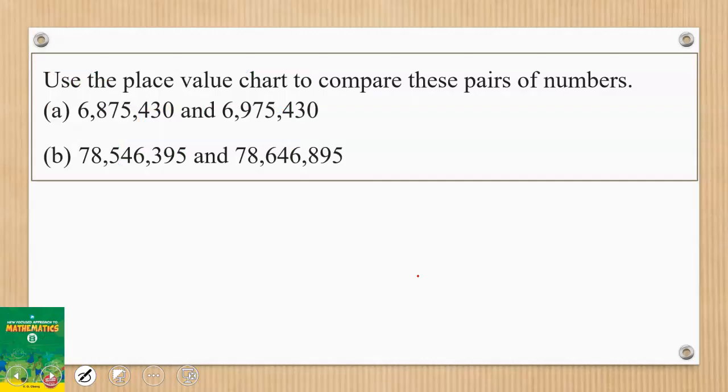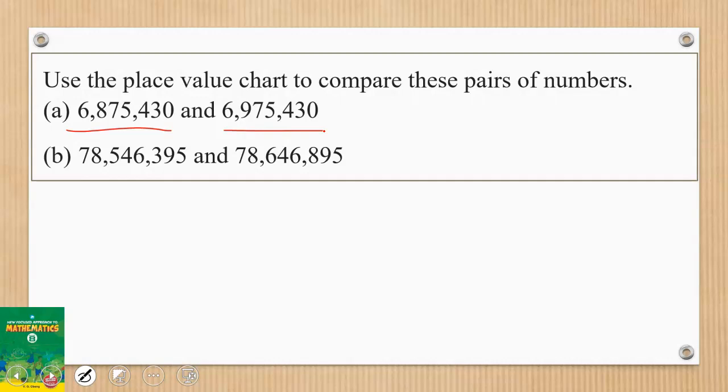Now let's see. Use a place value chart to compare this pair of numbers. So we have 6,875,430 against 6,975,430.